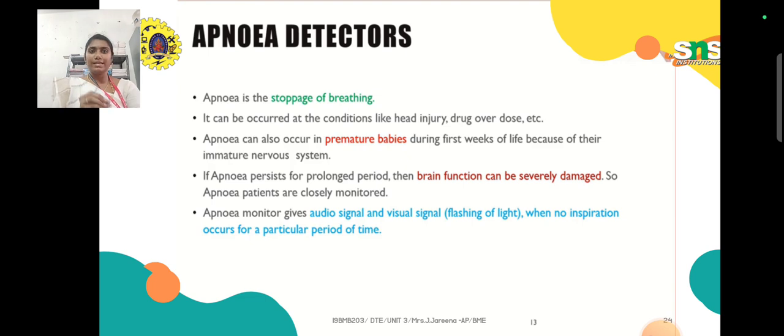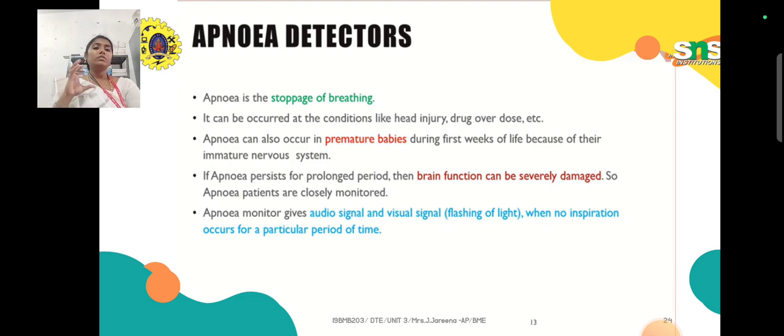That is apnea detectors. Not only head injury or drug overdose, this type of problem can occur even in premature babies, especially during their first weeks of life, because of their immature nervous system. Premature babies' nervous system is underdeveloped, so those babies will also have this condition, and we have to bring it into notice immediately.